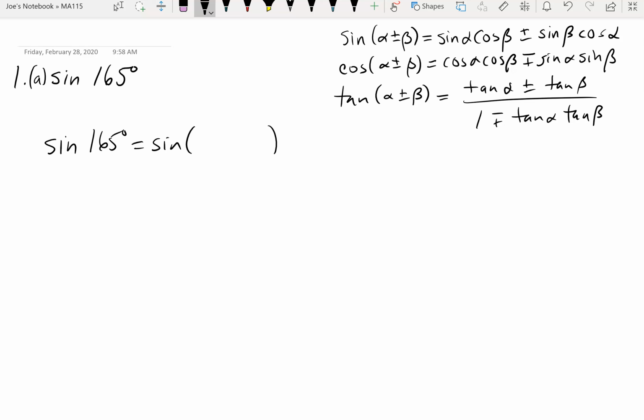If I use 45 as 1, what do I need to use as the other? 120? And 120 is a good one because what's the reference angle for 120? It's 60, right? So I do know sine of 60. All right, so then using your sum formula, how can we rewrite this?